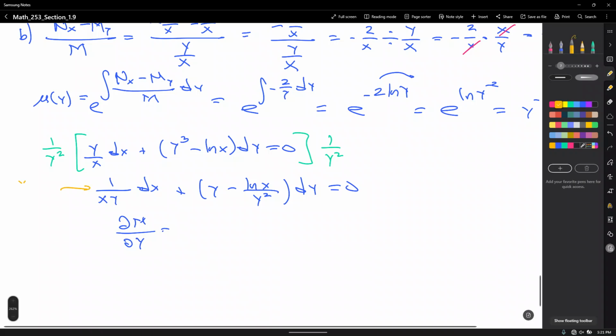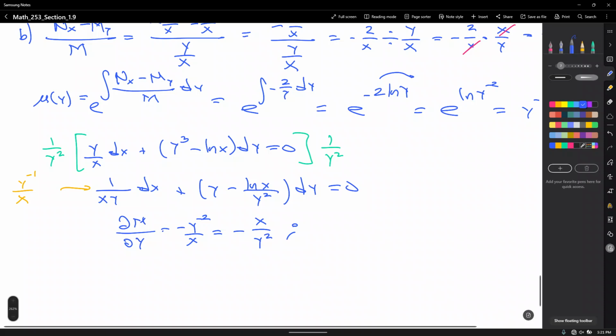Isn't that y to the negative 1 over x? That way we can differentiate with respect to y, which will be negative y to the negative 2 over x, which is negative x over y squared. So that's the partial of m with respect to y.